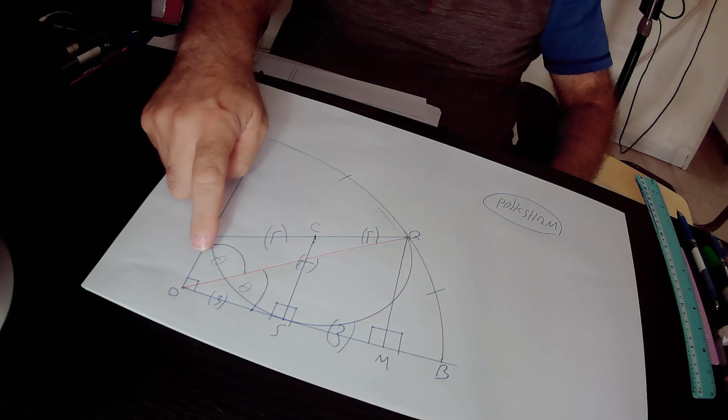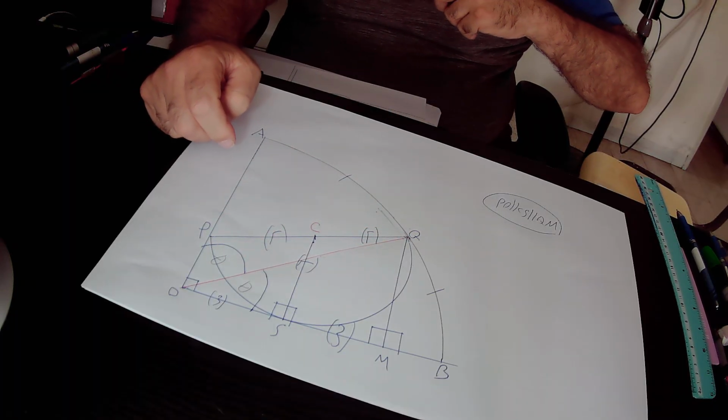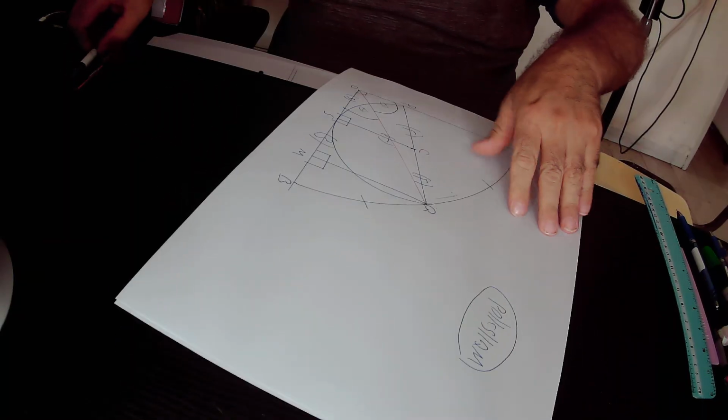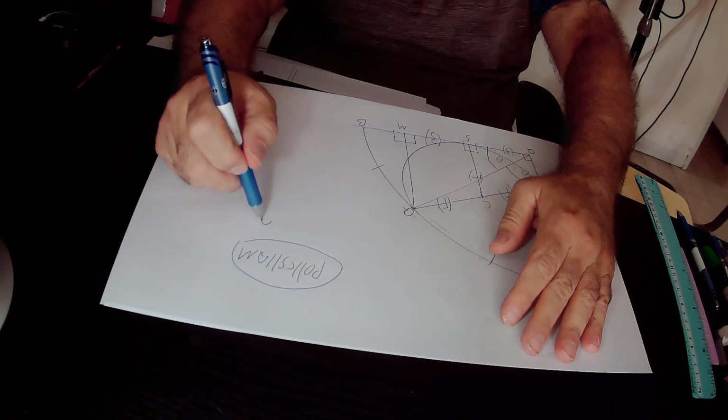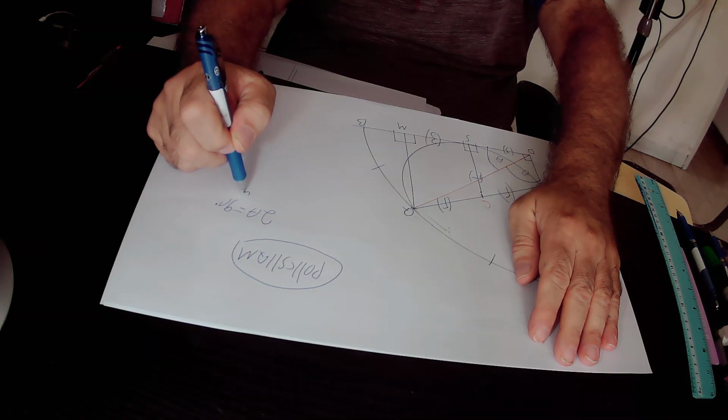Angle AOB equals 90 degrees. Theta plus theta is 90 degrees. Theta plus theta is 2 theta, so 2 theta equals 90 degrees. Therefore theta equals 45 degrees in its size.